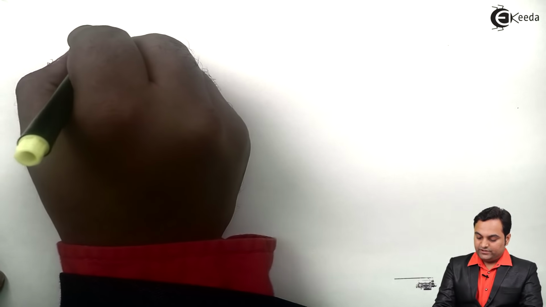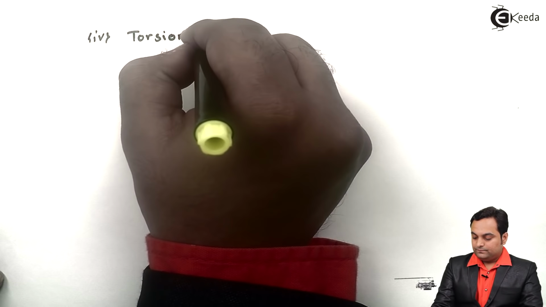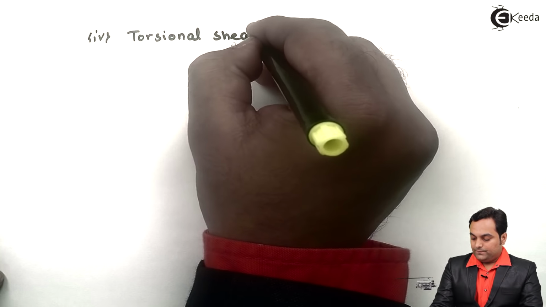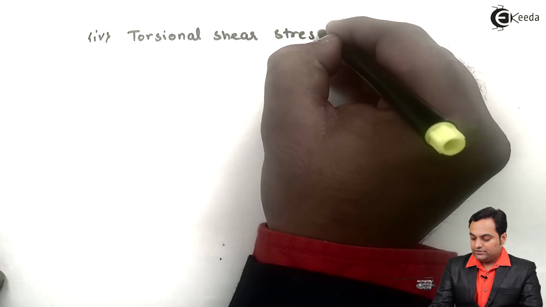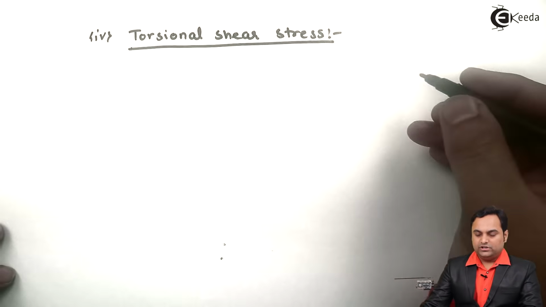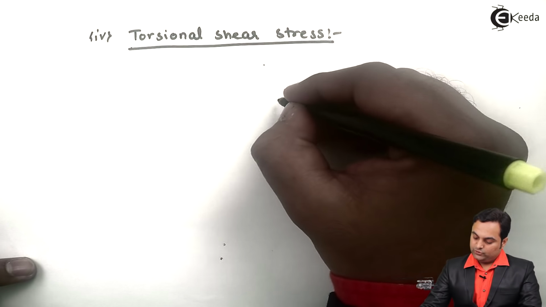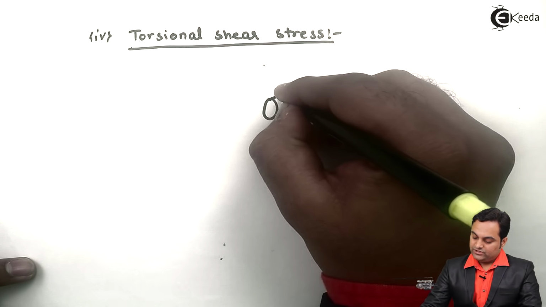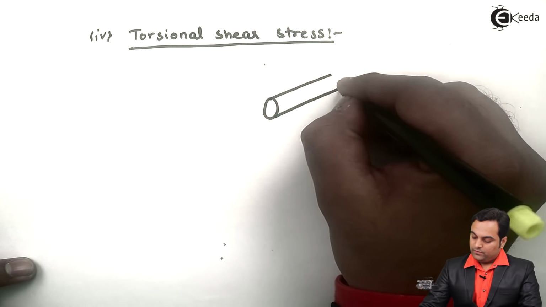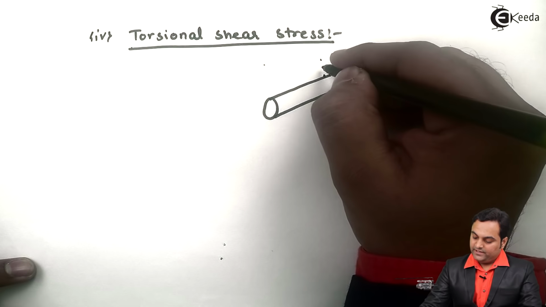The next kind of stress which we are seeing is called torsional shear stress. Now, for torsional shear stress, what happens is that suppose we have a shaft which is rotating inside a bearing.